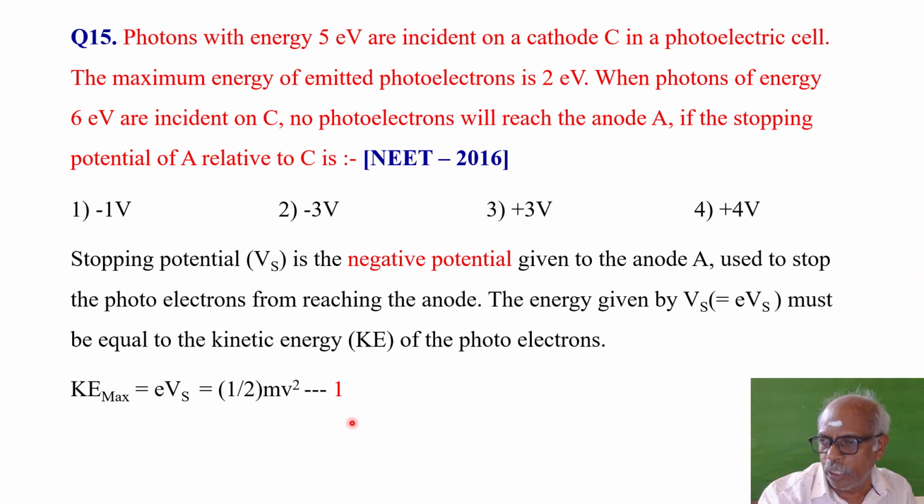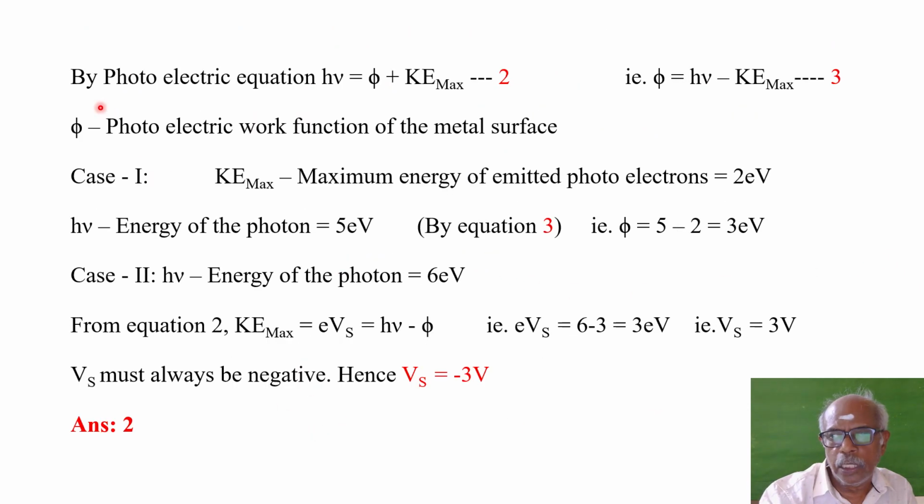Now in our question, by the photoelectric equation, you know that h nu is equal to phi plus KE max. So you keep phi on one side and bring KE to the other side. So phi is equal to h nu minus KE max. What is phi, sir?